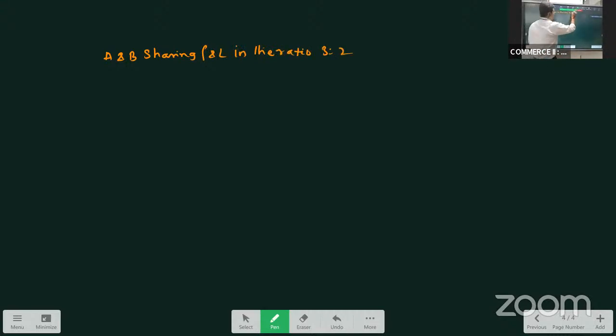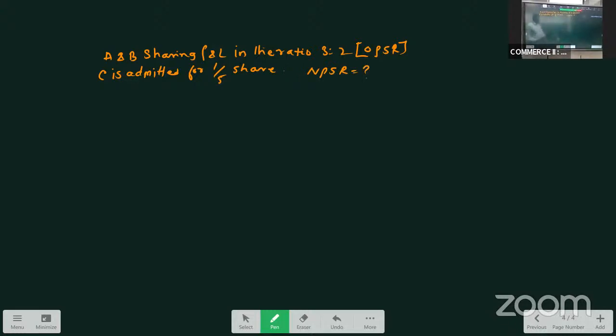Okay, this ratio we call the old profit sharing ratio, OPSR. And C is admitted for 1/5 share, to calculate the new profit sharing ratio.